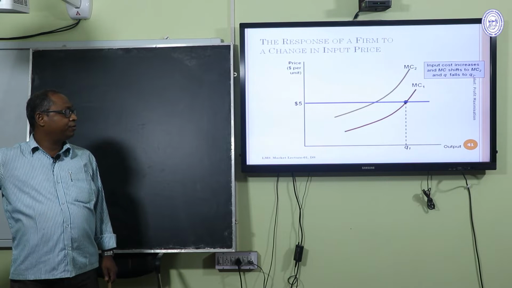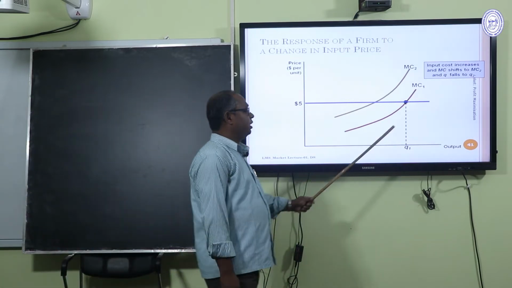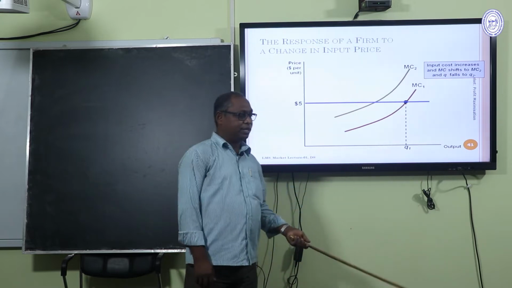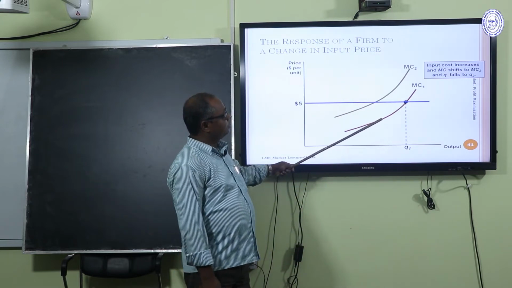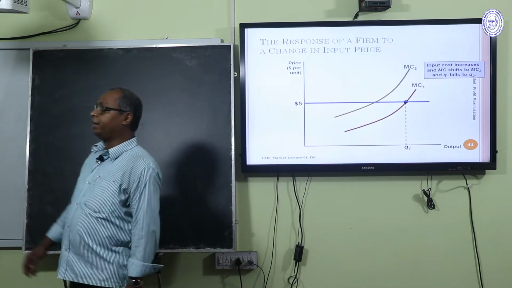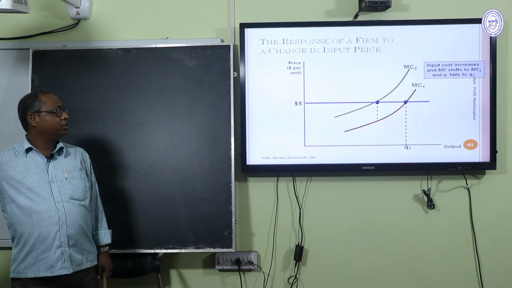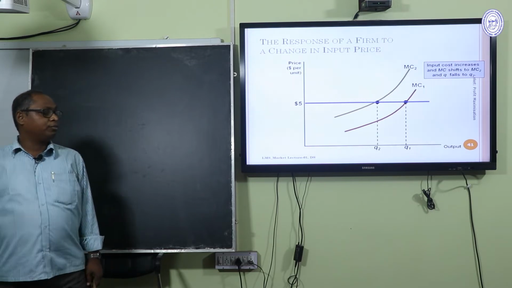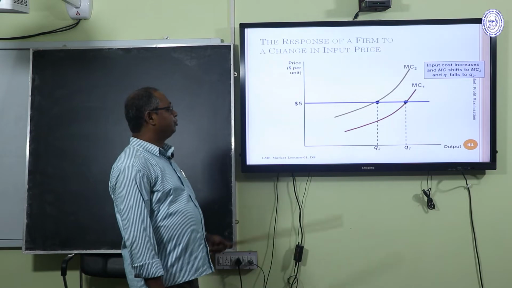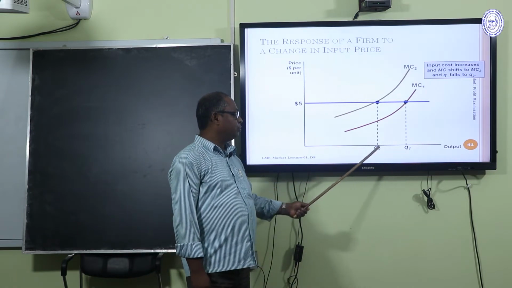If the price of the input changes, say labor price increases, then the MC curve shifts up from MC1 to MC2, and hence with the same price, the firm will now produce less output, from Q1 to Q2.